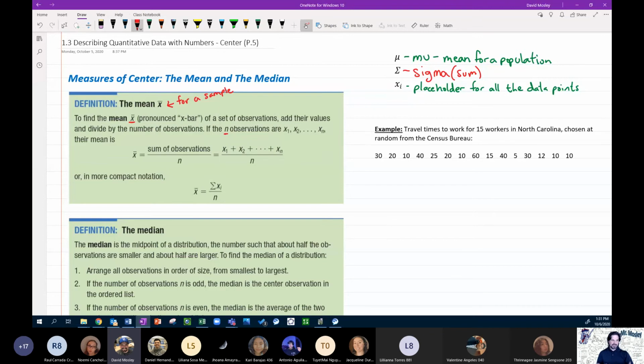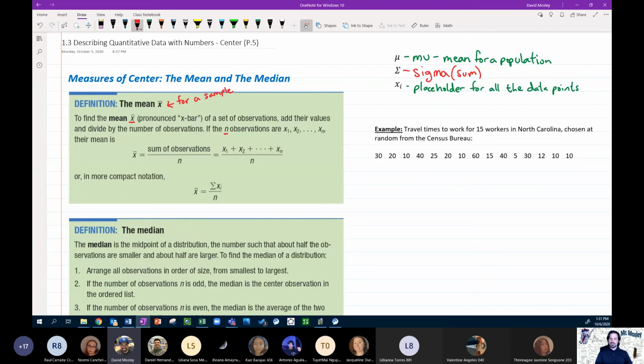It's just we use x bar to represent the mean of a sample, which is much more common in statistics. We're using samples. We're not doing an entire population or a census. And we use mu when we do have the average of an entire population. It's a symbol that allows us to indicate which number we actually have. So someone looking at your data can say, oh, wow, this is the entire population. They didn't leave anybody out.